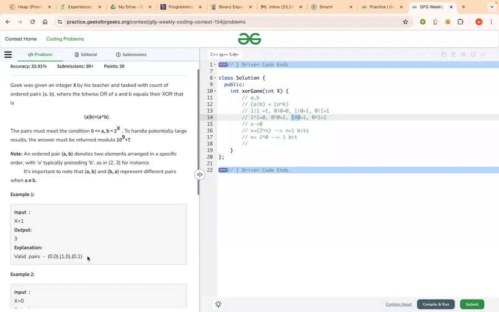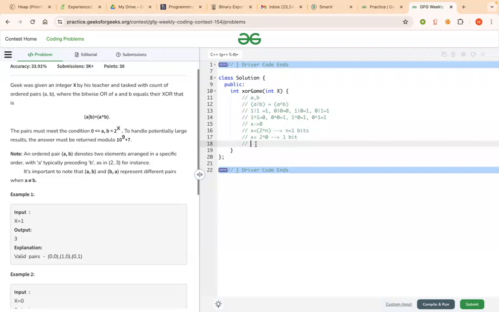So what does it say? On the same bit position, you can either have both zeros, or 1 and 0, or 0 and 1. Either you can have zeros at both those positions, or you can't just have both ones on that bit position, right?